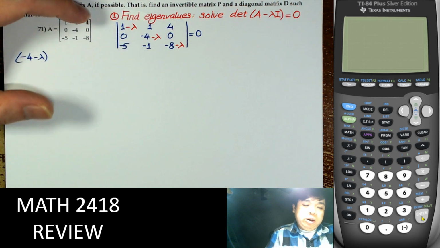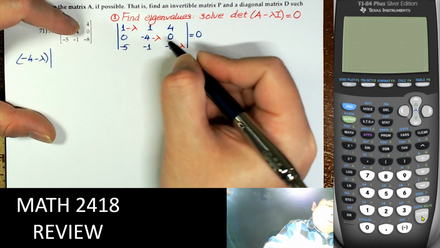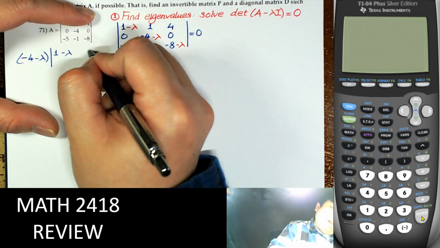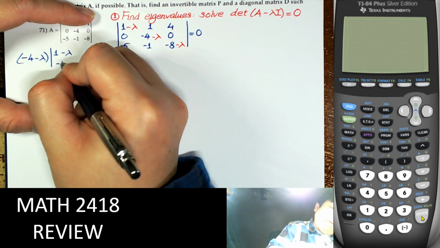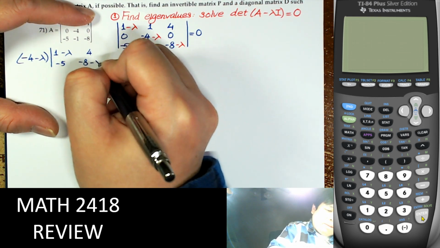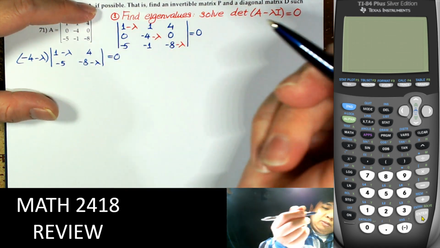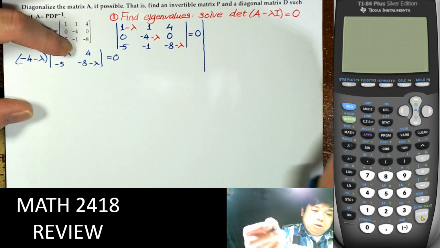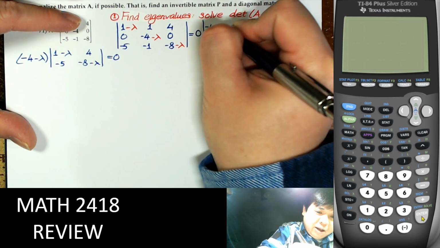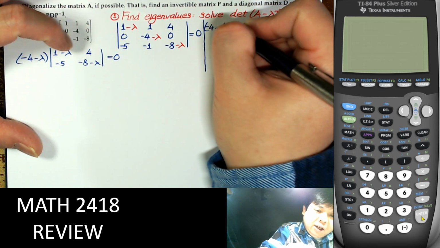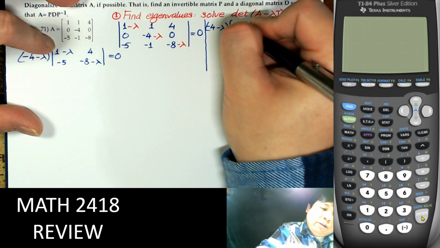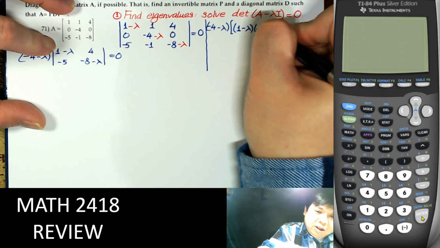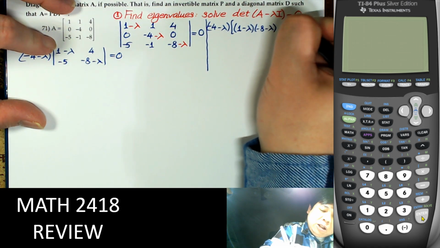and I'll just go over the row and column. What's left is 1 minus lambda, 4, negative 5, negative 8 minus lambda, equal to 0. Right? So let's multiply it out. Negative 4 minus lambda, and subtract this. We have 1 minus lambda times 8 minus lambda plus 20 equal to 0.